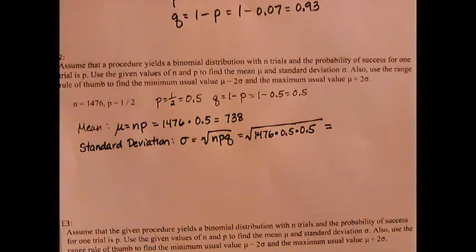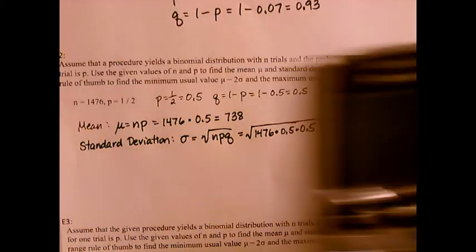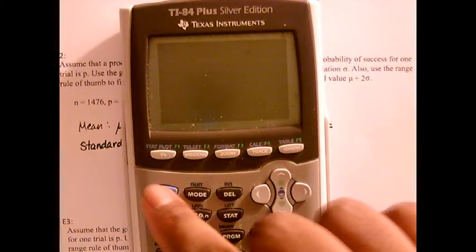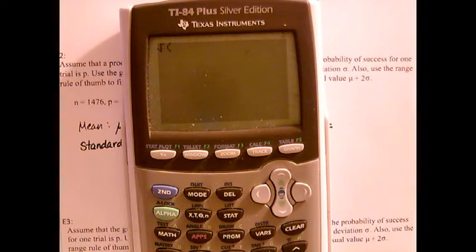And we can type all this into the calculator. So in this case here, I have second x squared for the square root of 1476 times 0.5 times 0.5, and then hit enter. Let's see, to one decimal place that would be 19.2.